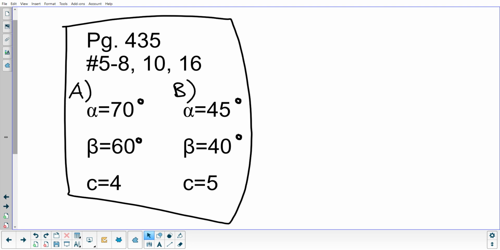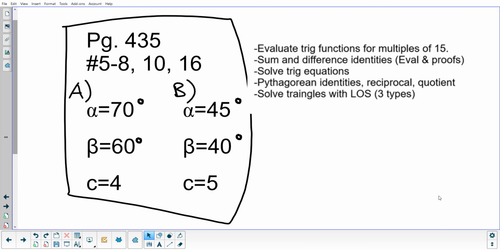And let me put also a list of topics that are on the test. So there's a list of topics that are on the test, starting with 7.5 and going through 8.1.